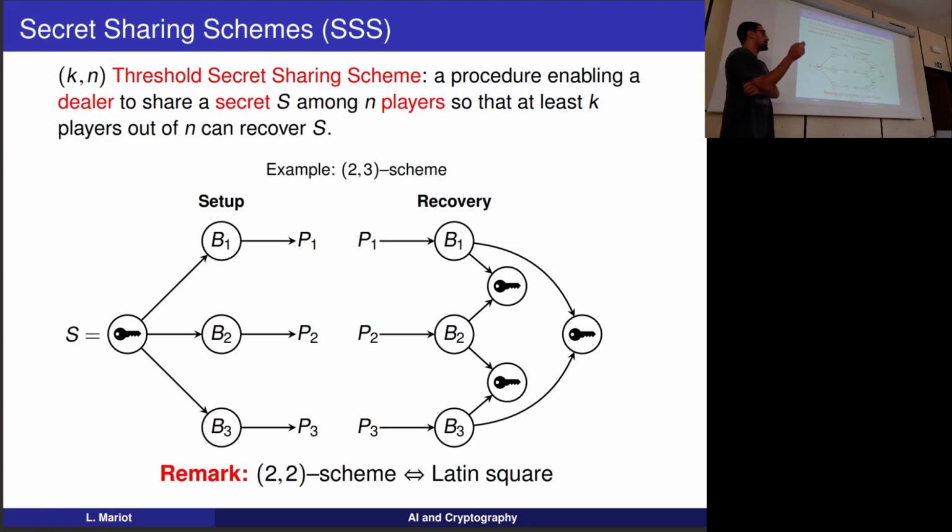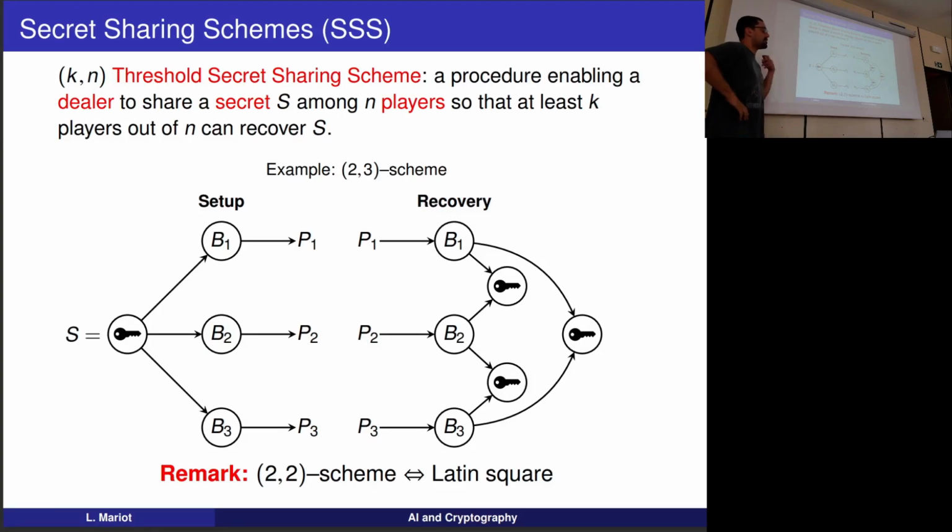And then we use the row coordinate and the column coordinate as the shares to give to 2 players like Alice and Bob, and then they need to combine the row and the column in order to uniquely identify the entry that the dealer meant to share with them.